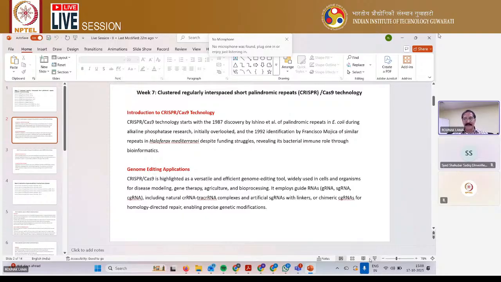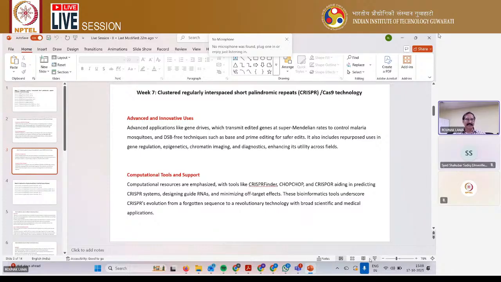This technology employs guide RNAs, including natural crRNA, tracrRNA complexes, and the artificial sgRNA with linkers for chimeric sgRNAs for homology-directed repair, which enables genetic modification.